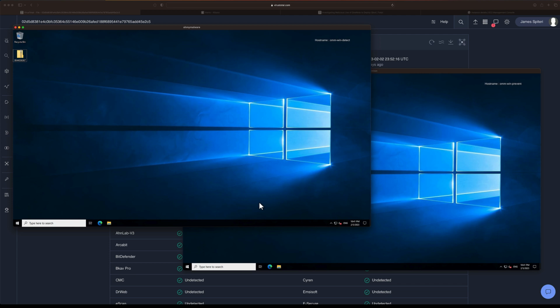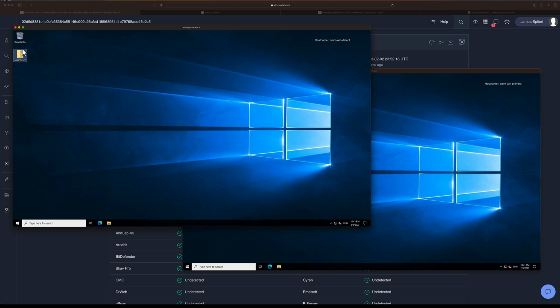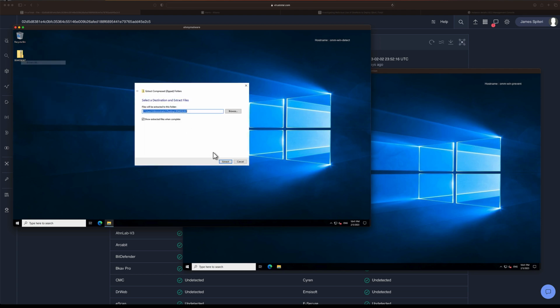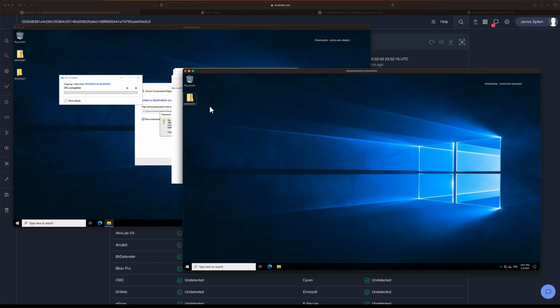So we'll extract them first. That's not what I want. Let's do that again. Kind of on autopilot sometimes, and this is the box I was waiting for. So that's the first one. This is the prevention machine.